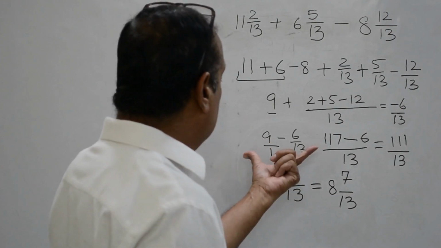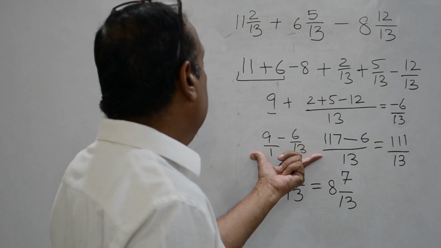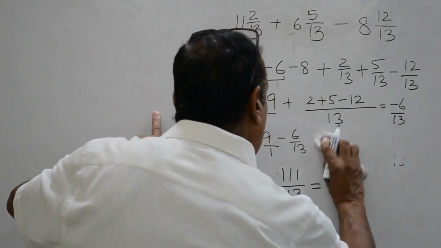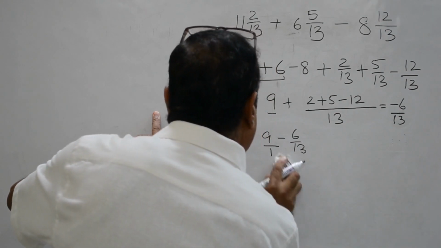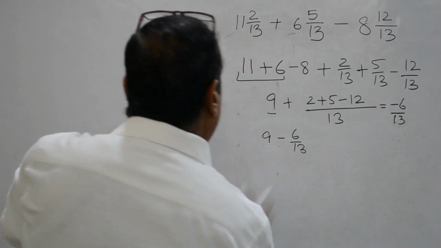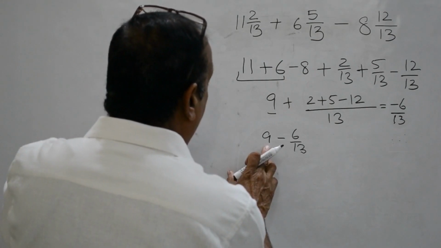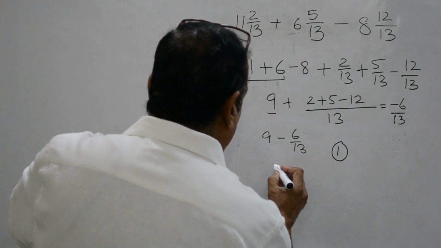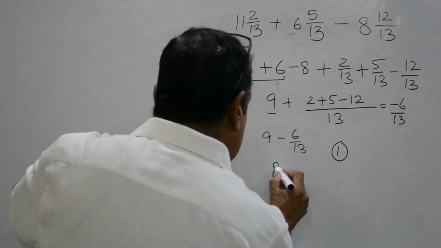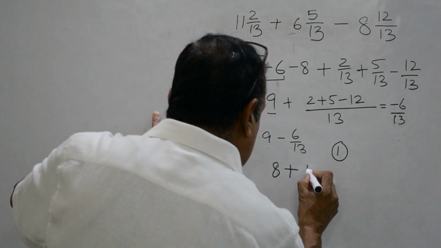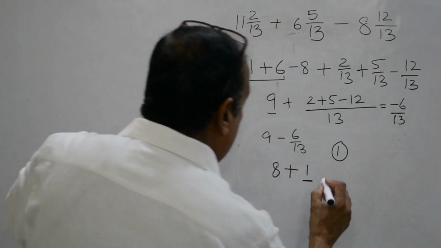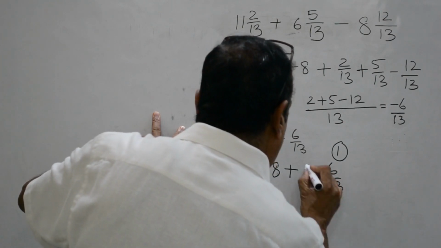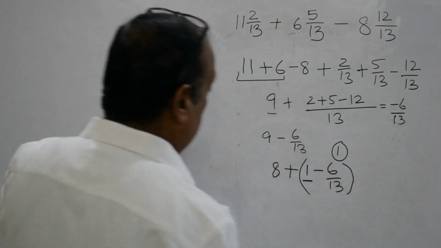Now let us solve it with the shortcut method. The method is we can borrow 1 from the whole number. How is it? We take 1 from the 9 and we can now solve this.